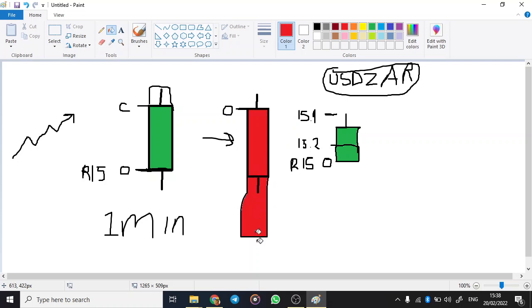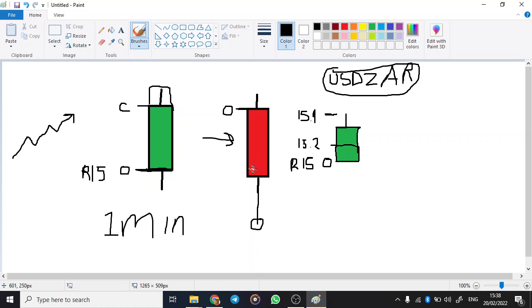If it loses value to this level, but before the minute is over, it starts gaining some value, we will see a trace of its shadow. We will see a trace of its shadow a bit longer, saying that once upon a time, within a minute, we were here.